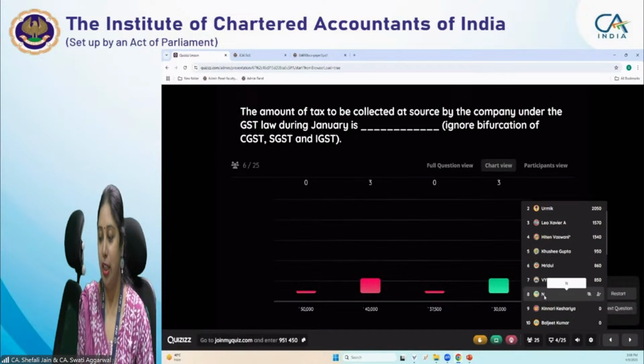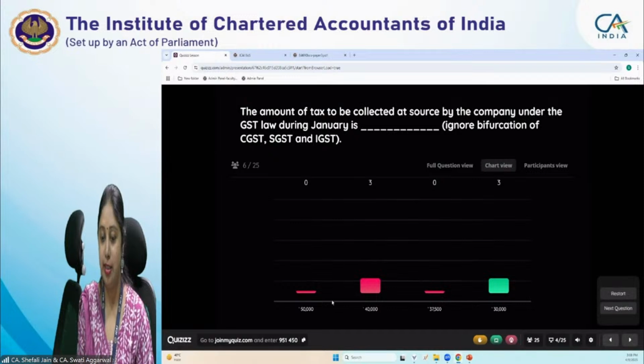Kyuvanshu, then N. So these are the students who are there on the leaderboard. Let us see. So 6 students answered this question and 3 have answered it correctly. At least those who have tried, half of them are able to answer it correctly. And I'm happy to see this much number also because this question was actually a difficult and complex question because I told you it helps you in understanding all the concepts of TCS.